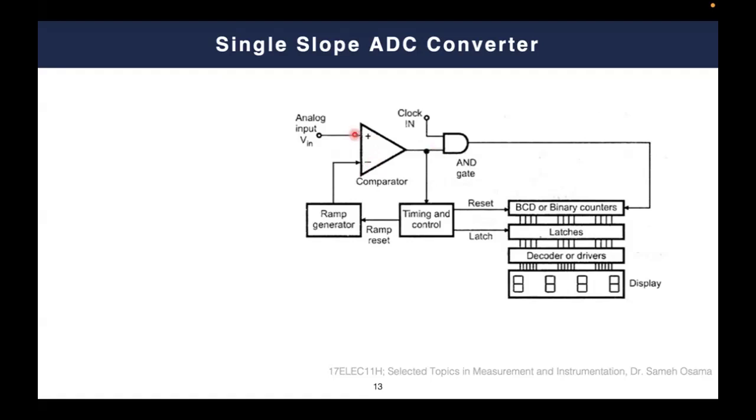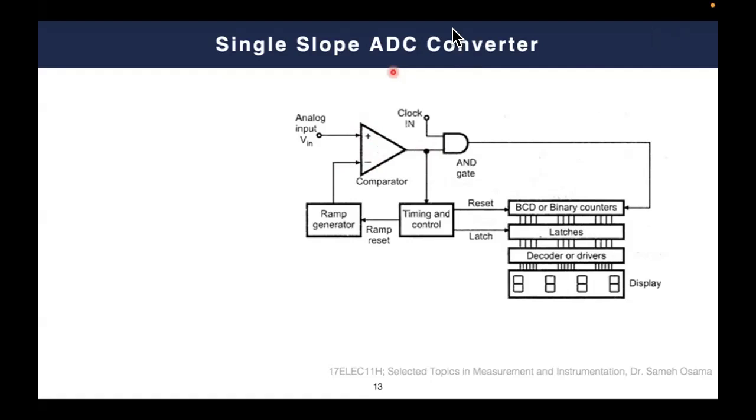When the V plus is smaller than the V minus, the output is low. So as long as your input is greater than the reference ramp, it's not really a reference because it's dynamic, you are going to produce a high signal. So let me try to describe it in a better way.